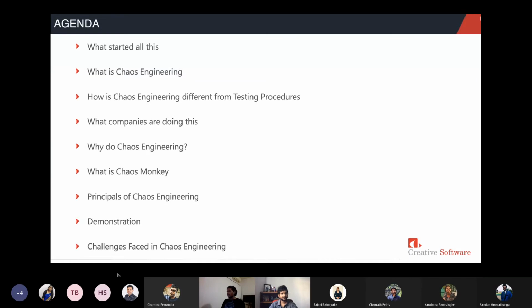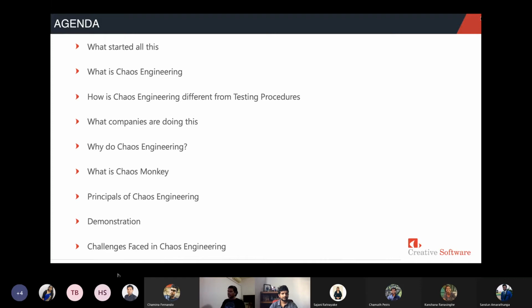So this is our agenda. These are the things that we're going to talk about today. We'll be introducing you to how the chaos engineering concept started, what chaos engineering is, and how chaos engineering experimenting is different from testing, unit testing, integration testing and QA testing.